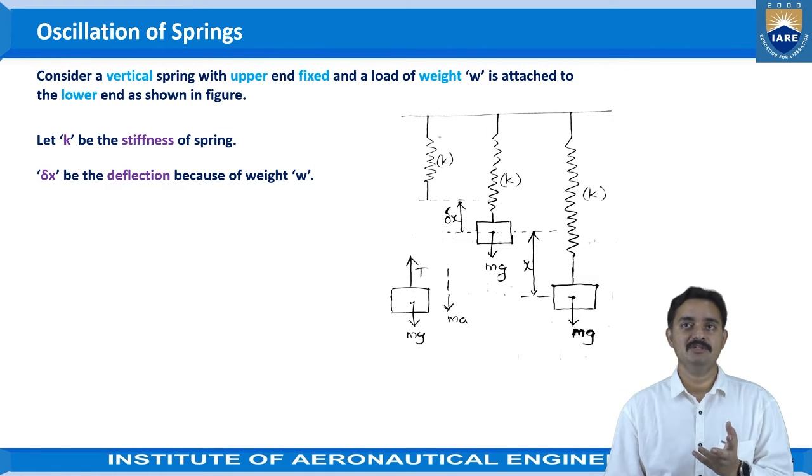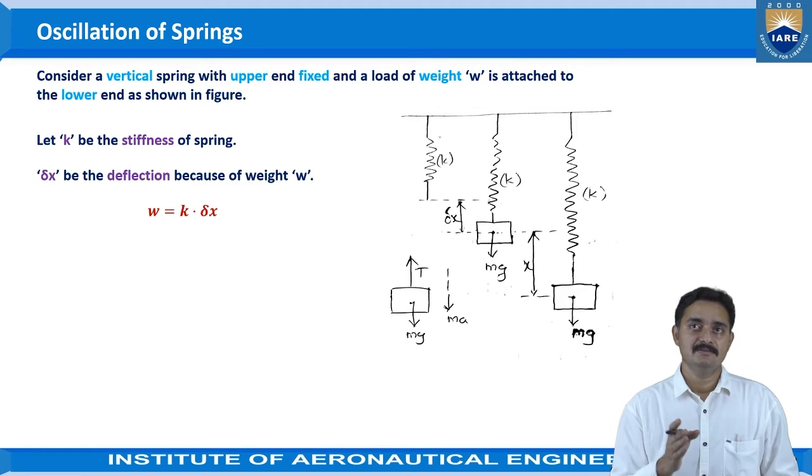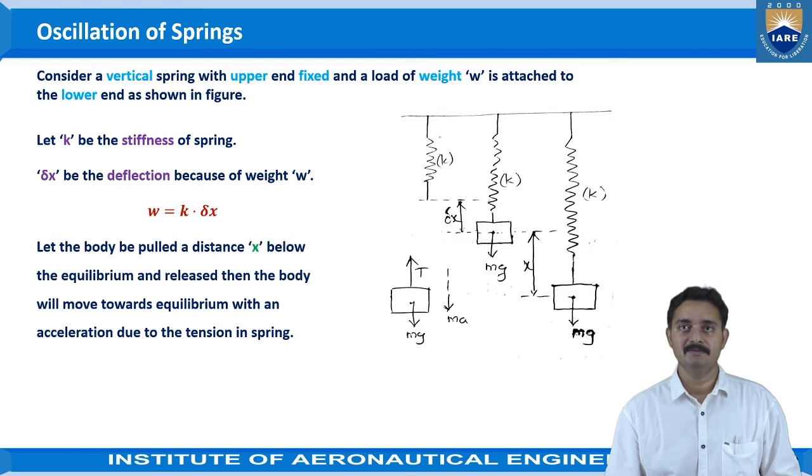Only weight is added to the undeformed spring and it deforms to a distance of delta X. From here, the weight W can be given as K into delta X. That means the stiffness into the length to which it has been deformed.